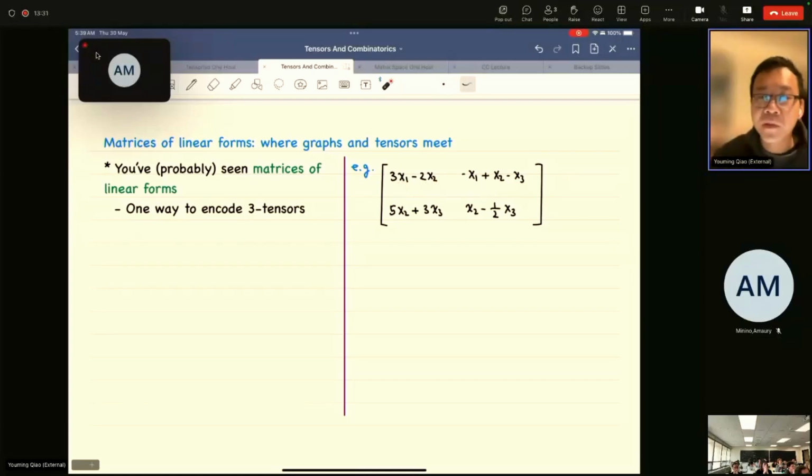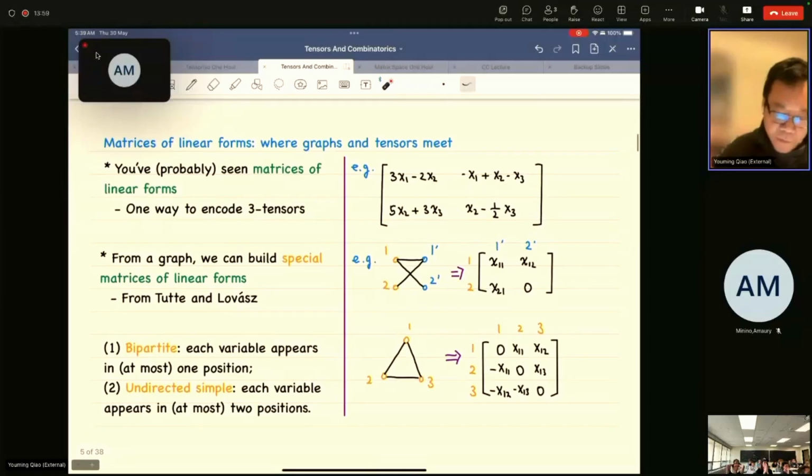This is just an example of a matrix of linear forms. You can also say that this is one way to encode 3-tensors, or tensors in 3 directions, or 3-way arrays. It's just one convenient way to write tensors on 2-dimensional paper.